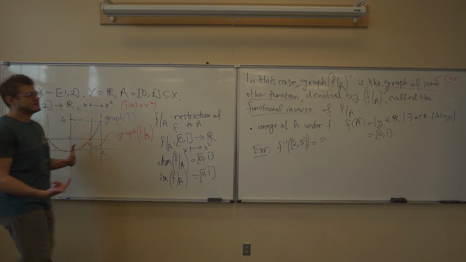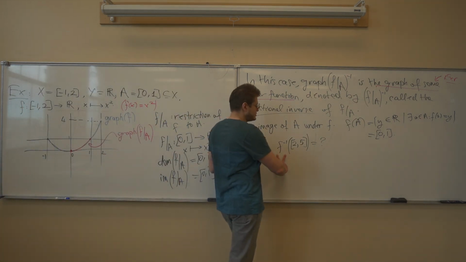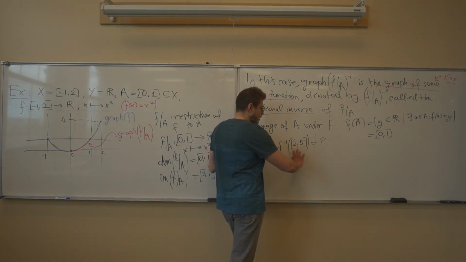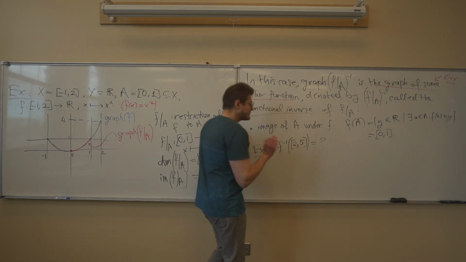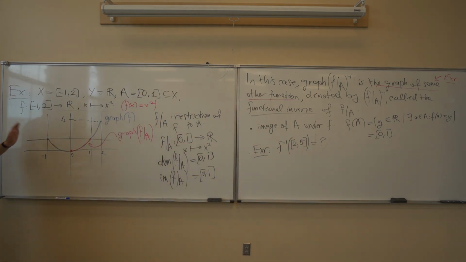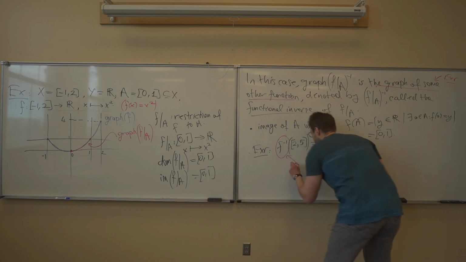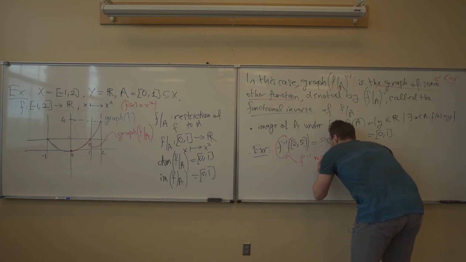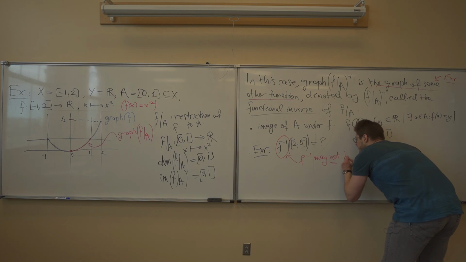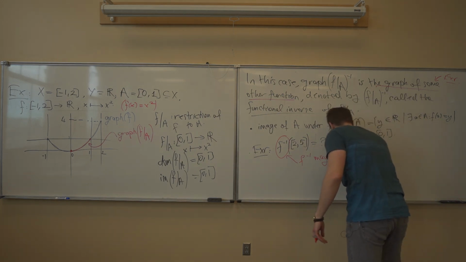Now, what you should immediately say to yourself is that, in this notation, I should think of f to the minus 1 not as a function, but as a relation. And that is why, ultimately, I spend so much time on relations. Whenever you see a notation like this, f to the minus 1 of some set, that f to the minus 1 is quite possibly not a function, but a relation. Maybe I should say it like this: it may fail to be a function.